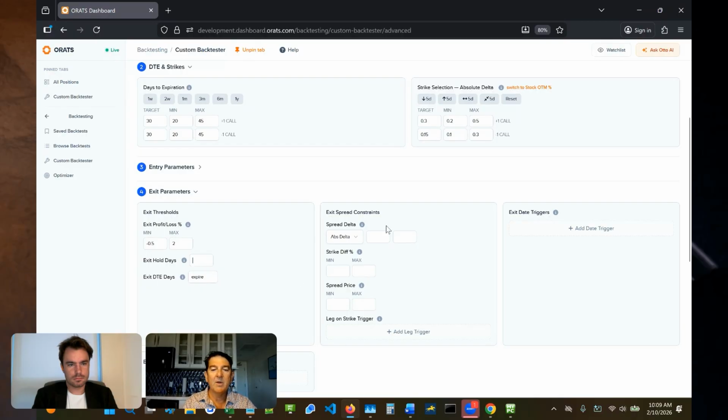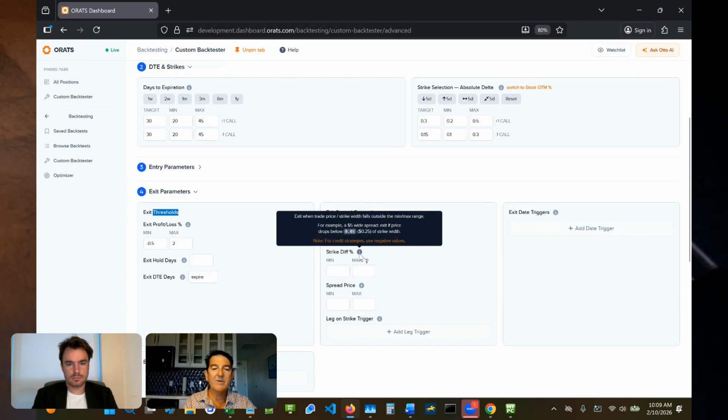And then exit on the spread constraint. This is just some basic thresholds of the entire spread. This is the absolute delta of the spread. We have a strike difference, when the trade price divided by the strike. So that's a very good thing.